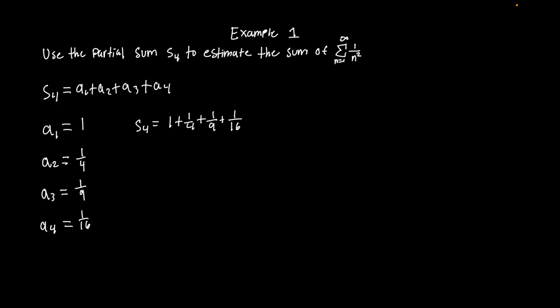If you want, you can find a common denominator for each of them and add them up, or in this case it'll be easier if you use a decimal, and in most cases you'll use a decimal because the fractions are going to come out to something absurd. So for this one, it's 205 over 144. So in most cases you'll have a calculator, or the numbers aren't going to be this extreme, like a fraction. But for this case I already calculated it, so the decimal, we have S sub 4 is approximately 1.4236.